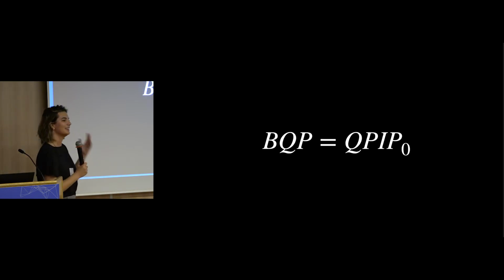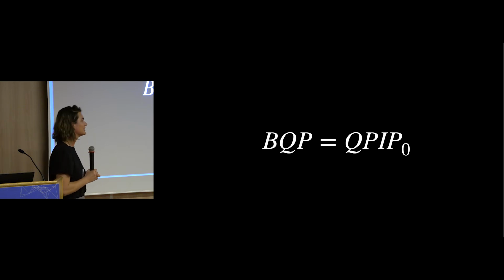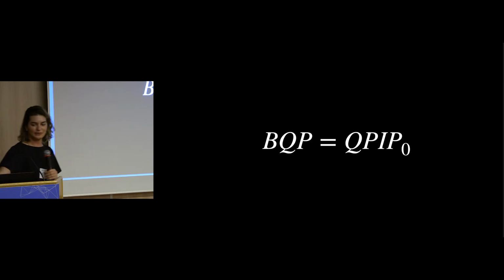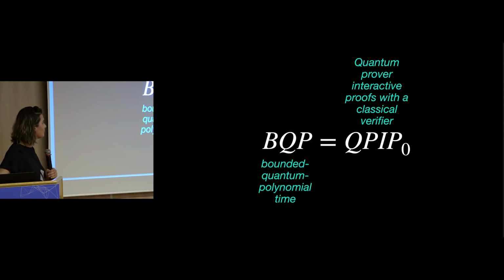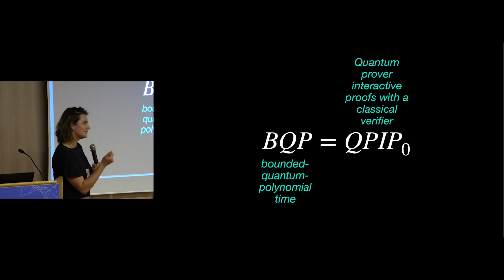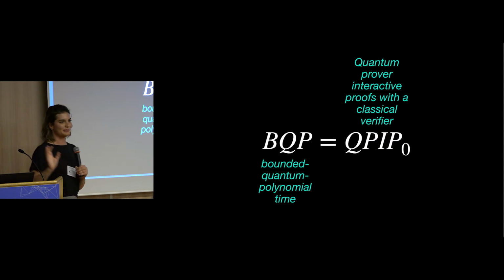Okay, so we have this very nice result from complexity theory, which is that BQP equals QPIP0. What does this mean? Well, BQP is bounded-error quantum polynomial time, and QPIP0 is quantum prover interactive proofs with a classical verifier. The 0 just means that the verifier is purely classical. It has access to exactly 0 qubits.